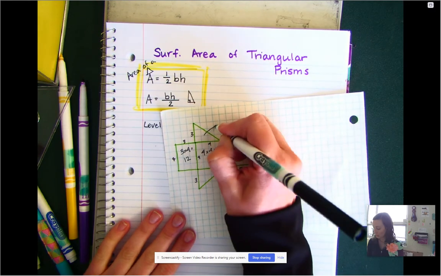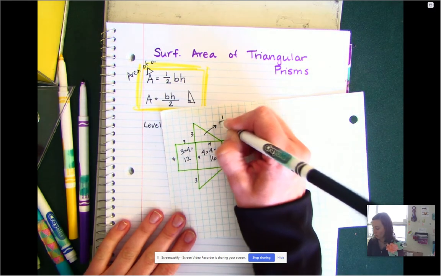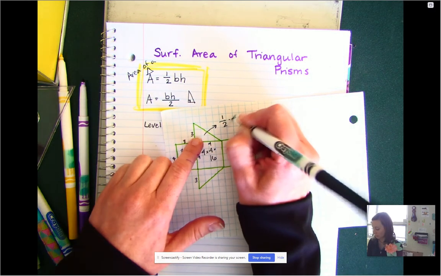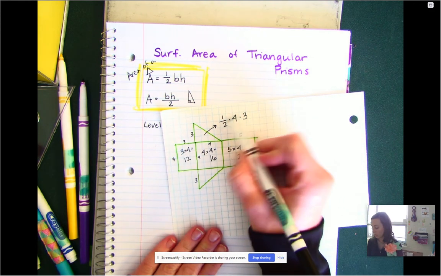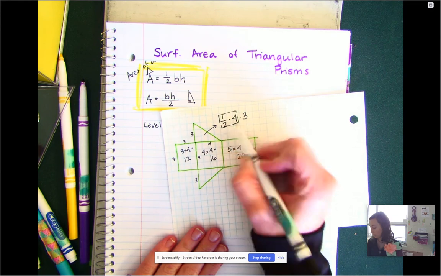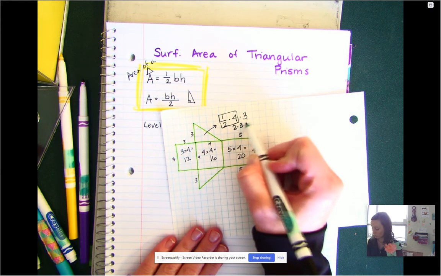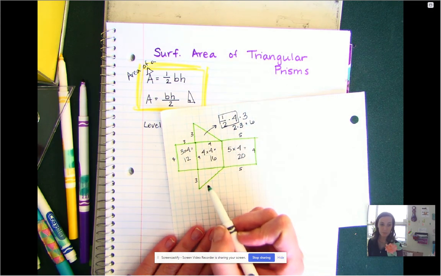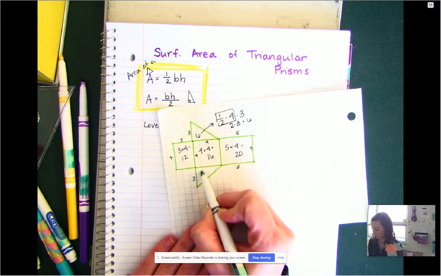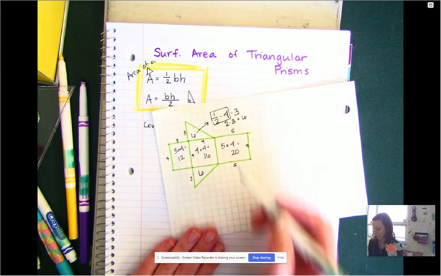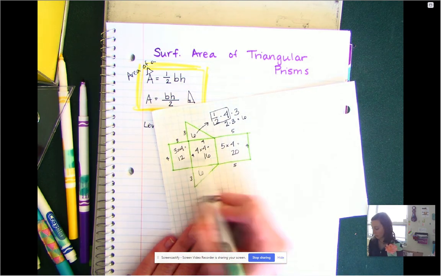So then in terms of the sides, I need to do 1/2 times the base of 4 times the height of 3. So I know that 1/2 times 4 is 2. 2 times 3 is 6. So this has an area of 6, and this one also has an area of 6. I add these together, I have 12.